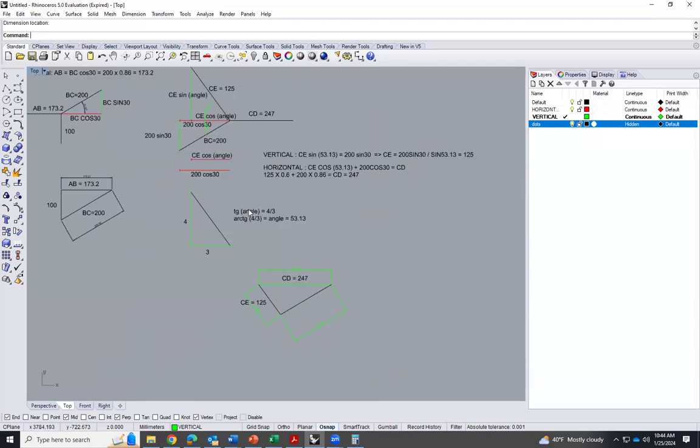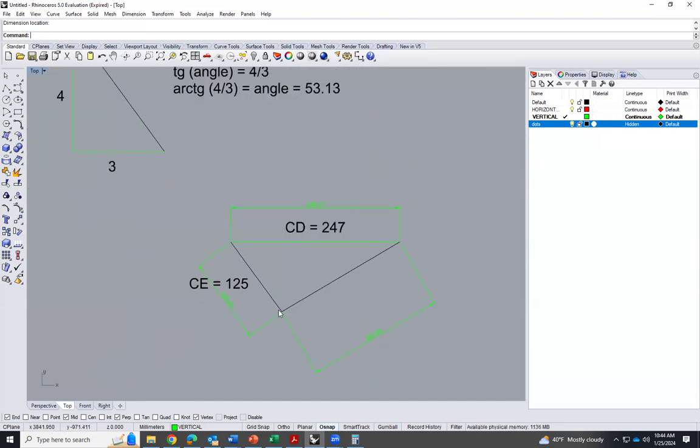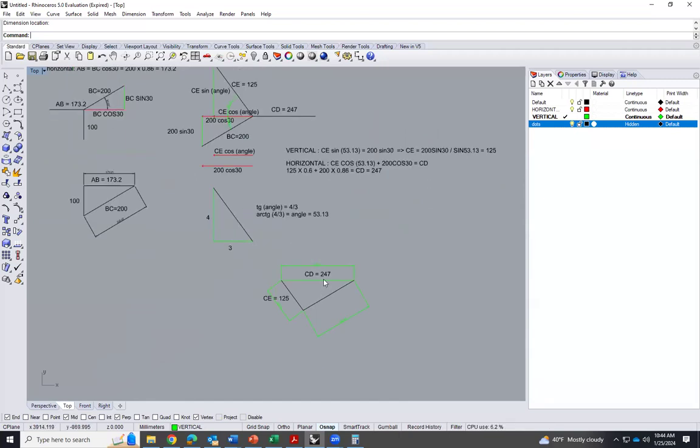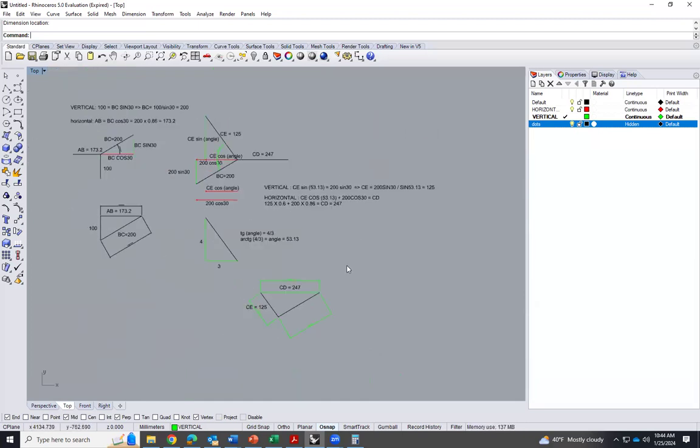So we know that if the forces are concurrent at this point, we need to draw a polygon, and that polygon has to be closed. And if the polygon is closed, just by looking at the directions, this line should be the same value as we have calculated with the math.